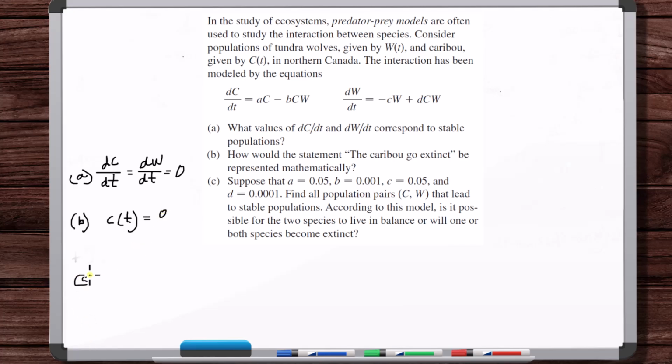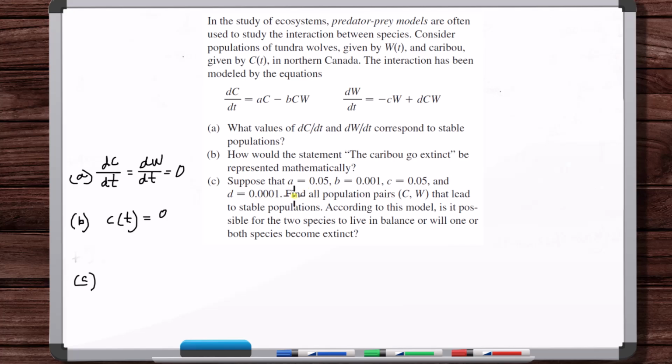Okay, part C. Suppose that A is equal to 0.5, B is equal to 0.001, C is 0.05, D is 0.001. Find all population pairs that lead to stable populations. According to this model, is it possible for the two species to live in balance, or will one or both species become extinct? So we were setting these equal to 0.